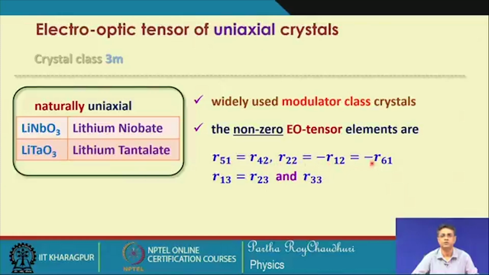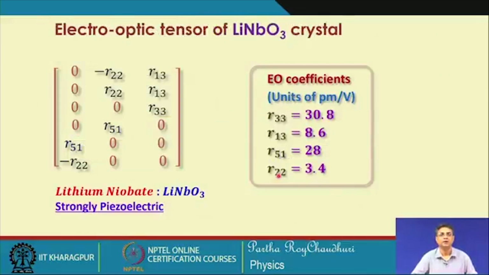These are obtained from the symmetry of the crystal, and then the values were experimentally determined. R13 is equal to R23, and R33. So, these are the non-zero elements, but not all of them will be useful, depending on the orientation of the electric field with respect to the crystal axis.